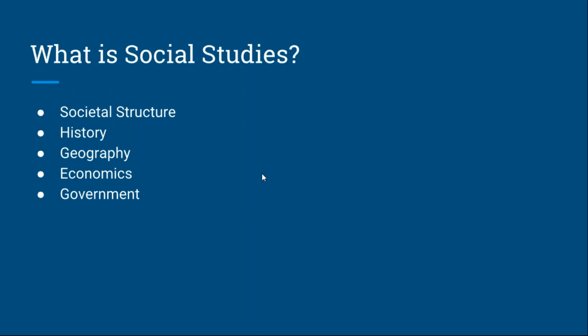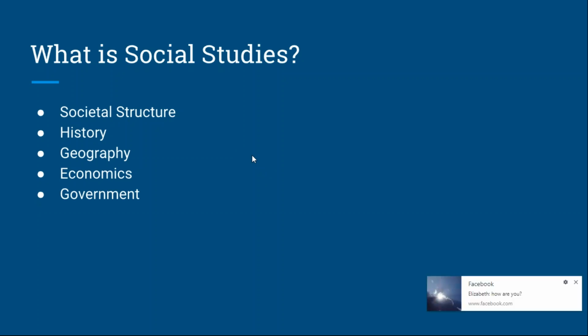Then you go into history. And again, history for your family, where you begin teaching history, may look different than another family. But history refers to the story of the world. And then the next section is geography. Geography refers to reading maps and knowing where places are in relation to other places.